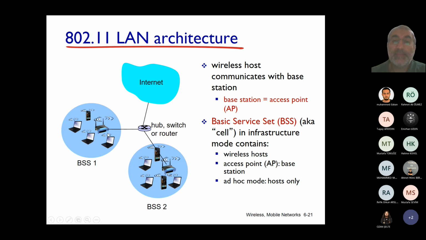In this BSS, we have a wireless host, which can be a smartphone, laptop, tablet, and so on. And in the middle, we have the access point. This standard can support both infrastructure as well as ad hoc modes.